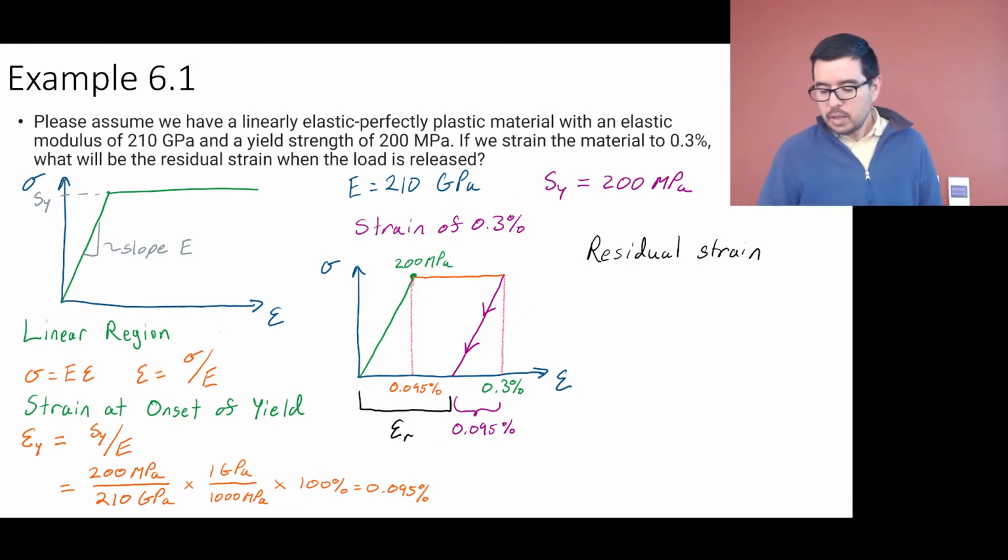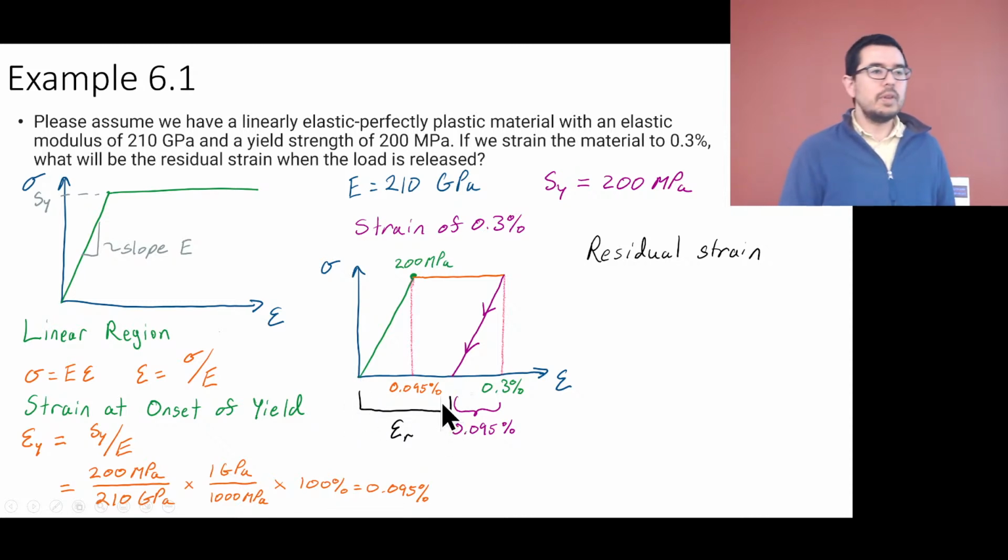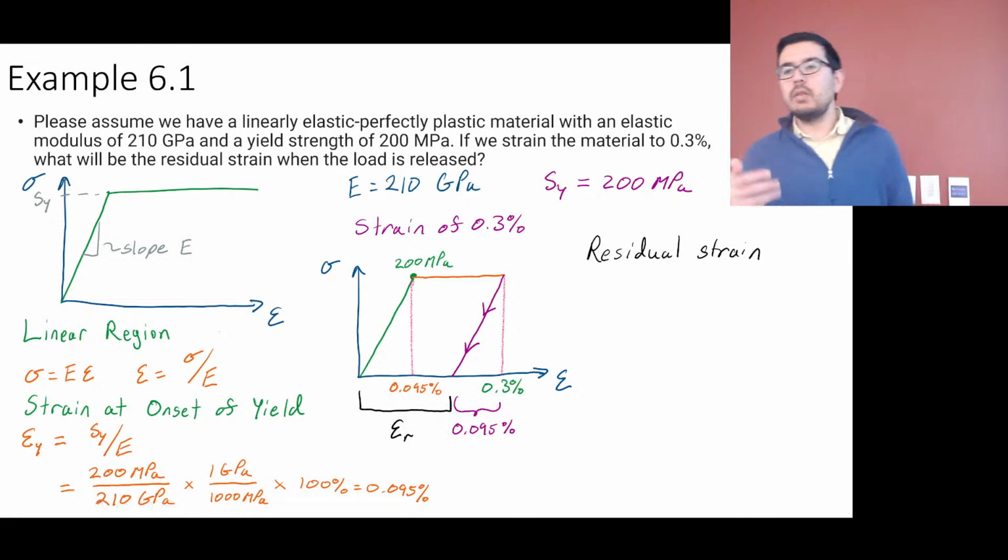So now, the last thing is, what's the residual strain? Well, the residual strain is going to be how much strain we've induced into the material by going through this process. And in this case, we know we went all the way to 0.3%. We know that we came back 0.095%.